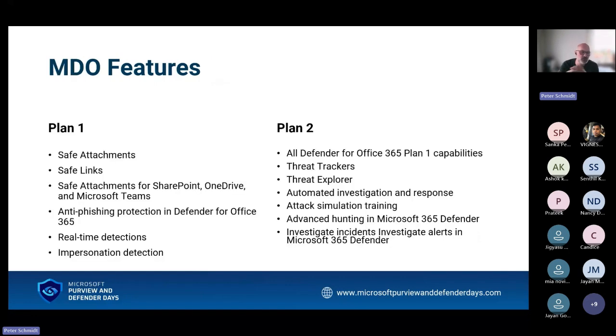But as soon as you move to Defender for Office, you get a more advanced feature set, with Safe Attachments, where it can intelligently look at the attachments coming in. It doesn't just look at them while they arrive into your systems.